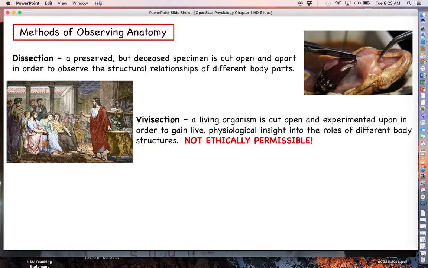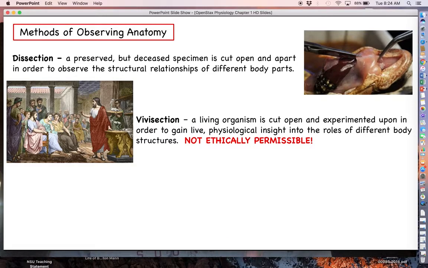Now, here's something interesting that actually would, you'll see why I use the term would, be relevant to physiology, what is called a vivisection. A vivisection is a procedure in which a dissection is performed on a living organism. So you take an organism that is perfectly alive and you cut into them and experiment on them in order to gain live insight into physiological function.